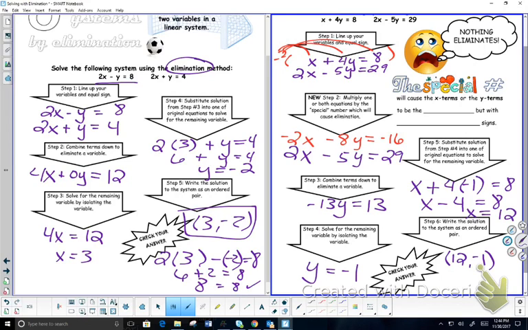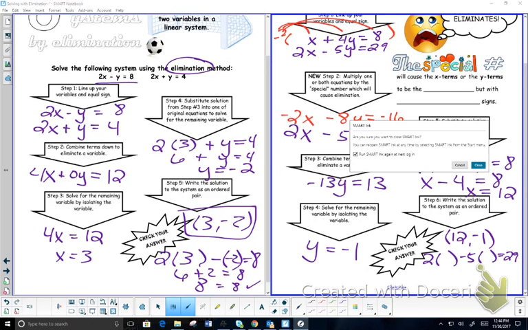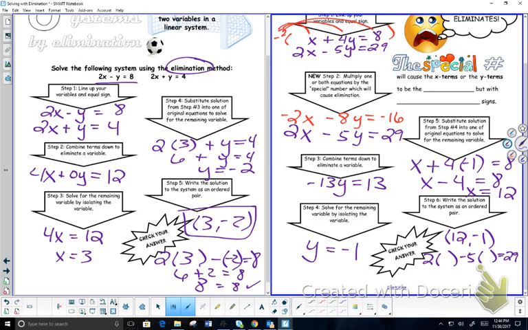We're going to check. We got to check with the other one. The other one would be 2, parentheses, minus 5, parentheses, equals 29. Plug in your 12 and your negative 1.